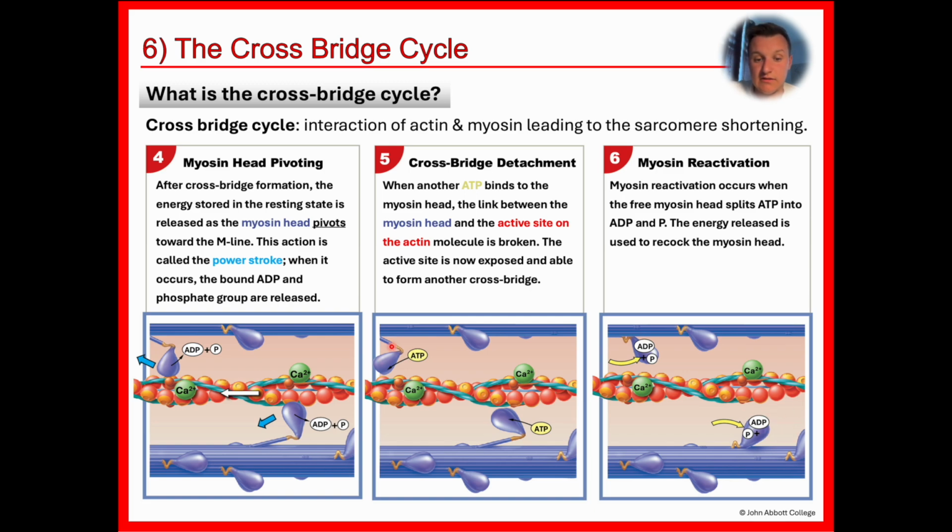Here you see this little guy in the low energy position, ATP binds, and then it is back in the high energy position. And now you have ADP because you took off a phosphate. So myosin reactivation occurs when the free myosin head splits ATP into ADP and phosphate, and the energy released is used to recock the myosin head back into its high energy position. Now it's ready to rebind and push again, right?